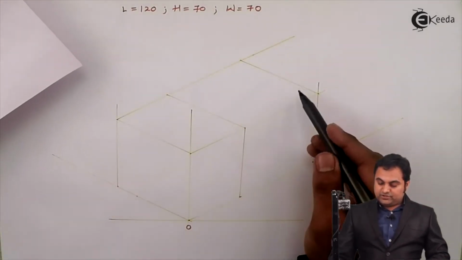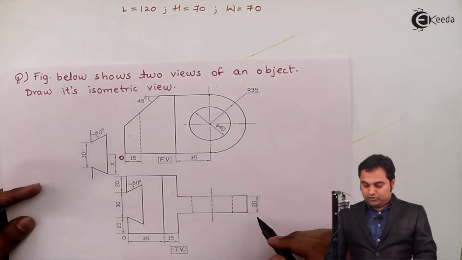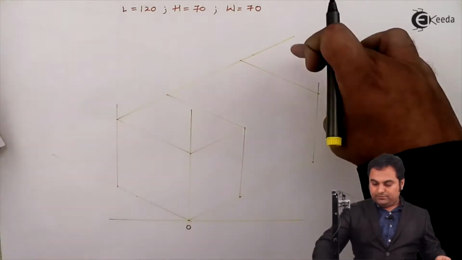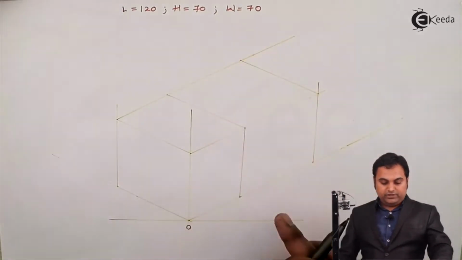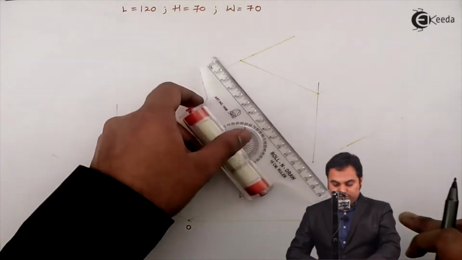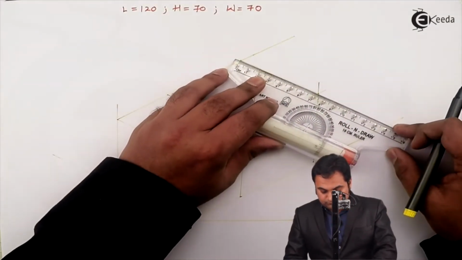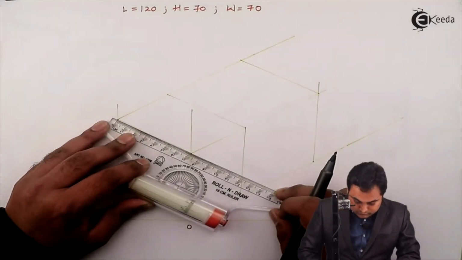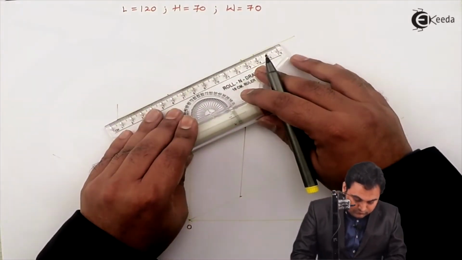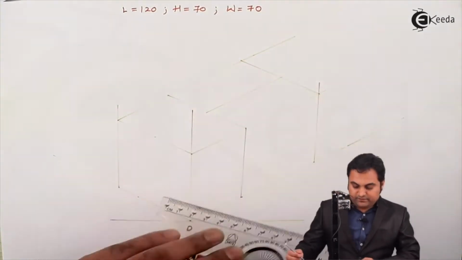For the semicircular portion, it has a width of only 20, not the complete width 70. So for that, I'll mark the center of the width. That gives me the center.